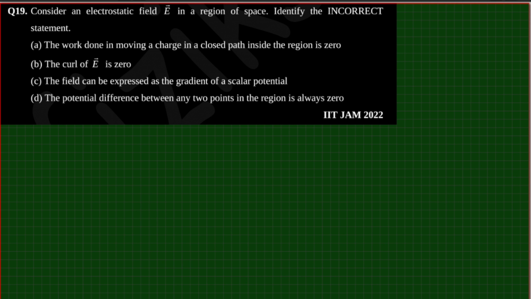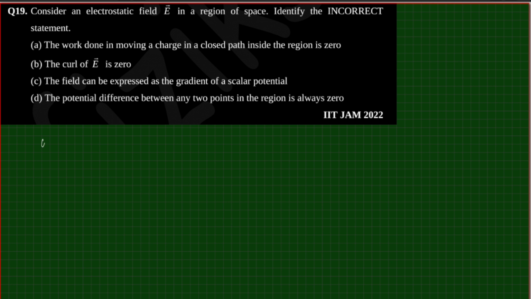Okay. So the next question is 19, and in this question we have to identify the incorrect statement. So let us read one by one. The first statement is: work done in moving a charge in a closed path inside the region is 0.